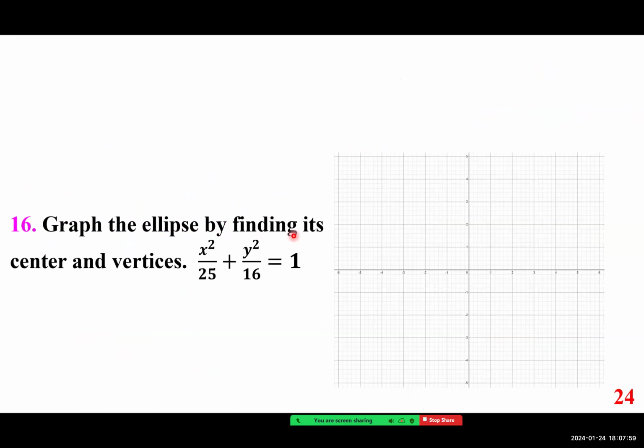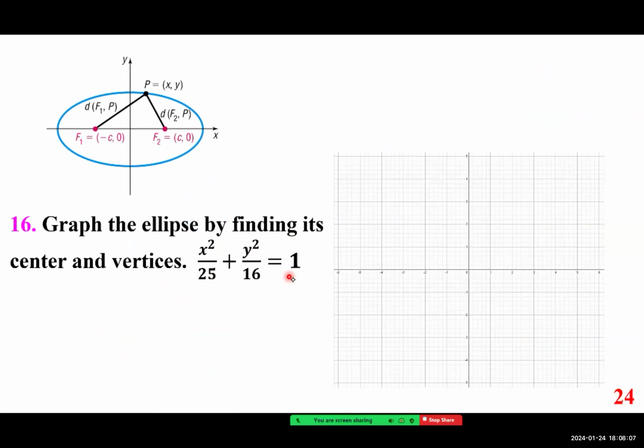Graph the ellipse by finding its center and vertices: x squared over 25 plus y squared over 16 equals 1. Well, what is an ellipse? In this case, it's elongated along the x-axis. A point named P with coordinates x and y. We have focus 1 and focus 2.